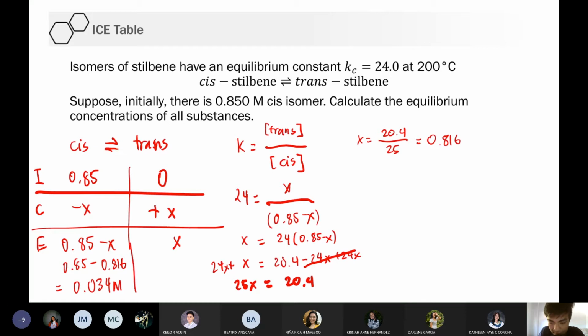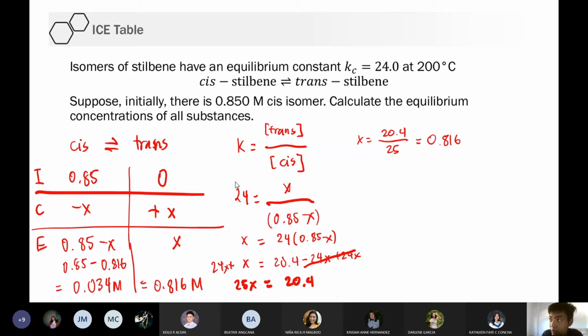And for the trans isomer, that is just 0.816 molar. So at equilibrium, the concentration of the trans isomer will be 0.816 molar, and the concentration of your cis isomer will be 0.034 molar. That's how we solve for this type of question.